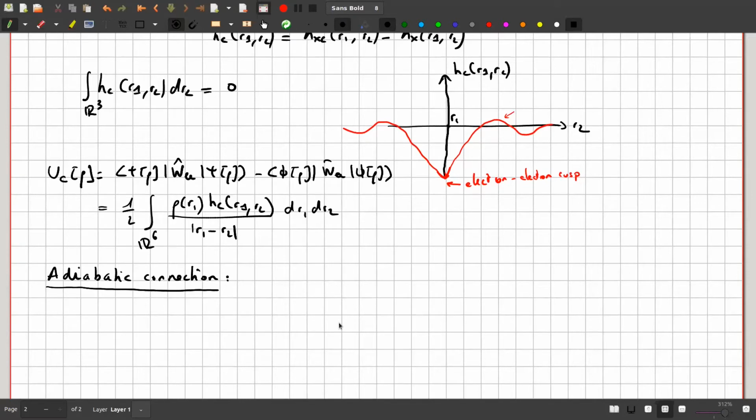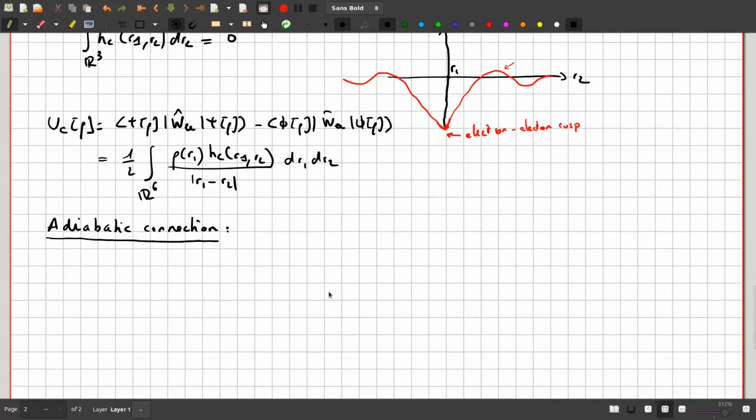Okay, so the way I will explain that is that we can generalize the universal density functional by introducing a coupling parameter in front of the Coulombic interaction. So I have a lambda, which is a parameter in R, let's say.